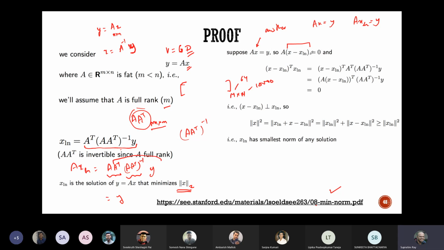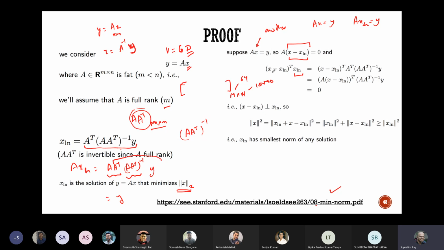And what you have to notice here is that this x minus x ln is actually orthogonal to x ln. Why so? So let's look at this: (x minus x ln) transpose x ln. So I'm trying to compute this. Orthogonal here basically just means that this vector transpose times this is 0. So how do I do that?